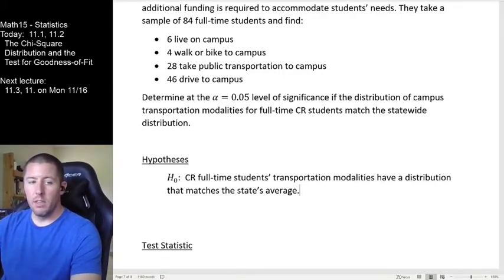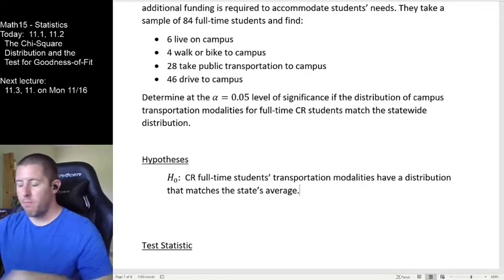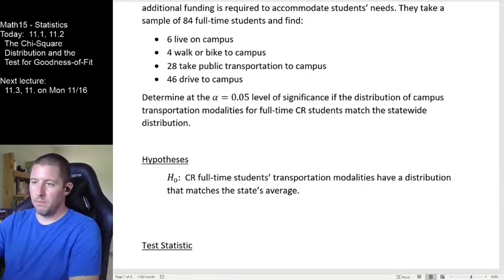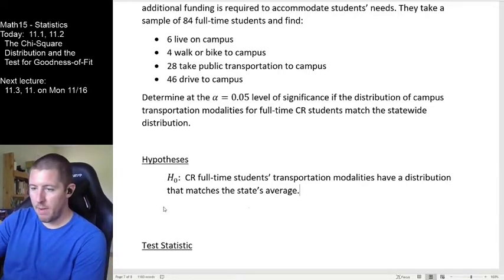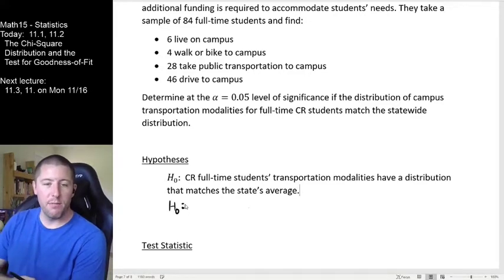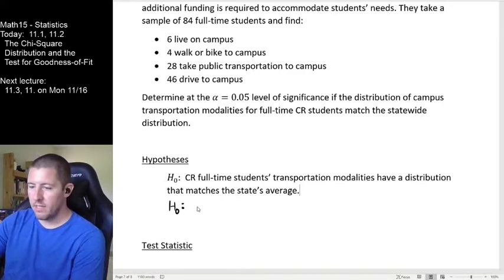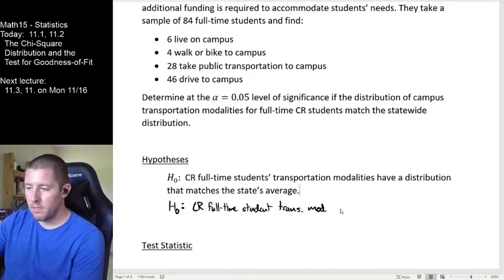Another way to say this would be to literally just state the probability distribution. Another way I could form a null hypothesis here would be to say, CR full-time student transportation modalities follow the distribution.